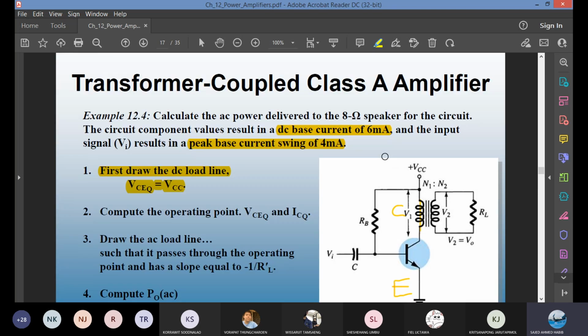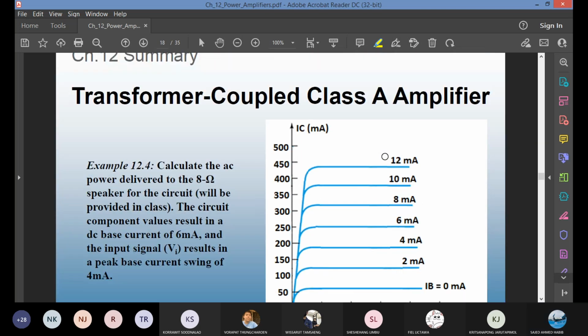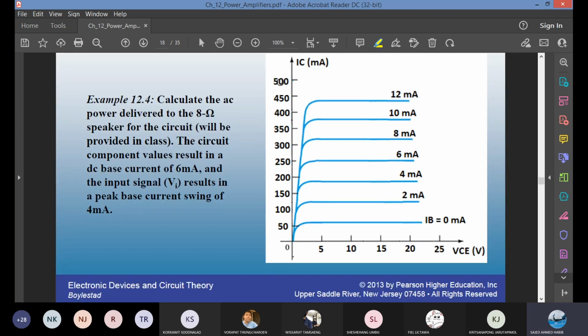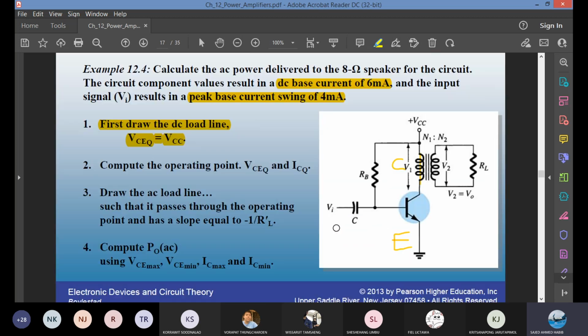So the load line will be drawn like this. The left hand side is wrong, but here VCC is given as 10 volts. Now I should bring you the problem and then we do it step by step.